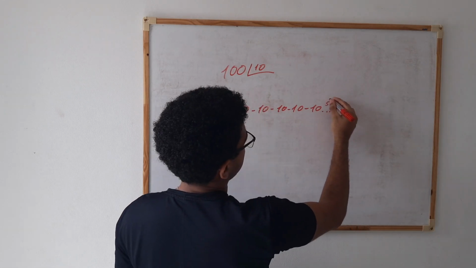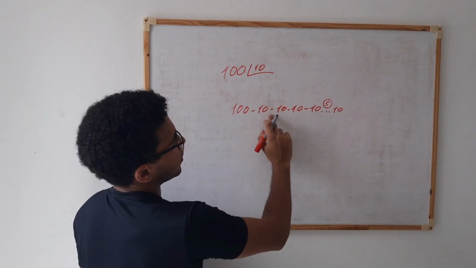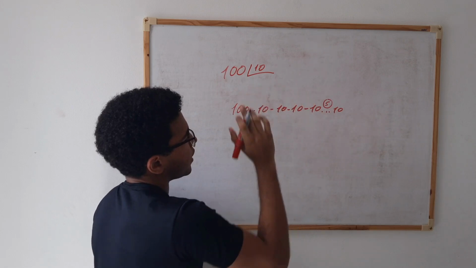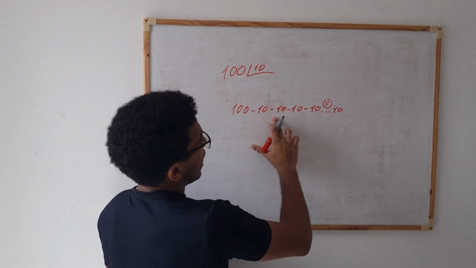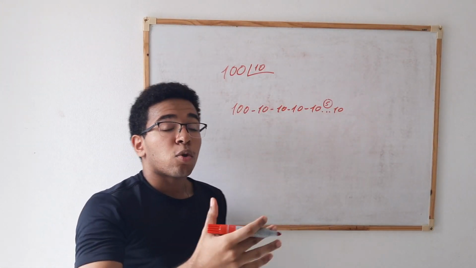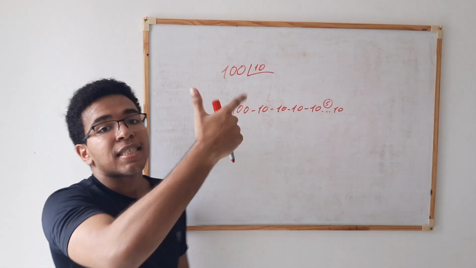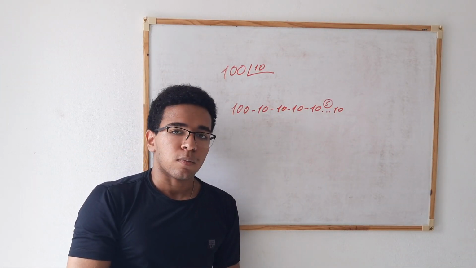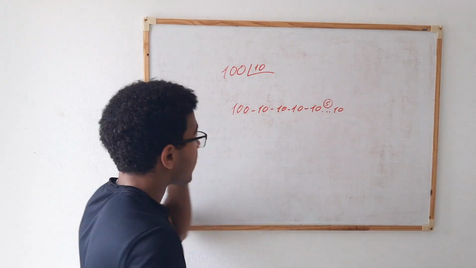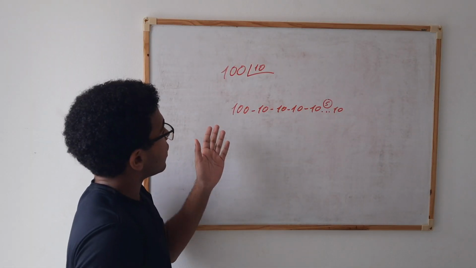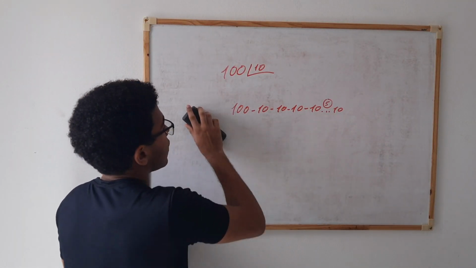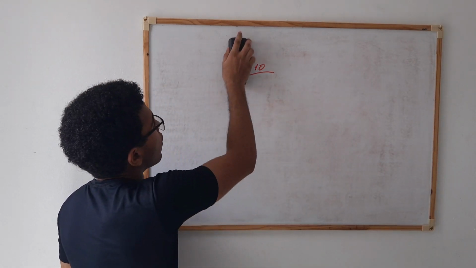We will be subtracting 10 from 100 10 times until we reach 0. So this is a good form of understanding how this works.